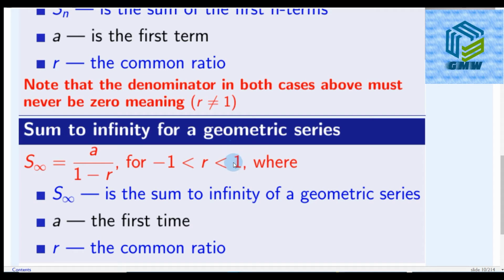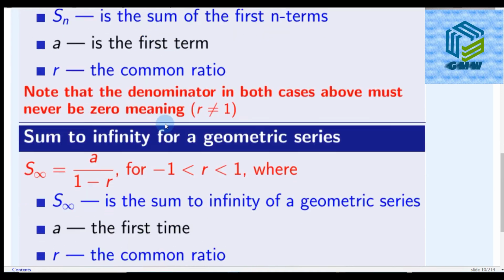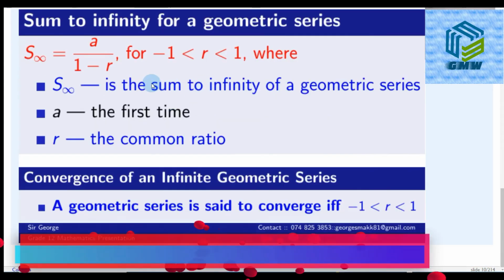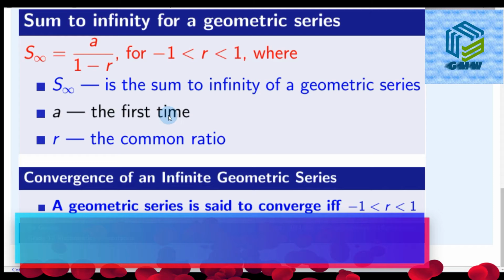Because if r is 1, we get back to the case where we have an undefined situation. That is why we have this restriction as well. So this marks exactly when we calculate the sum to infinity. It is only asked when r is between minus 1 and 1, where S infinity is the sum to infinity of a geometric series, a is the first term, and r is the common ratio.